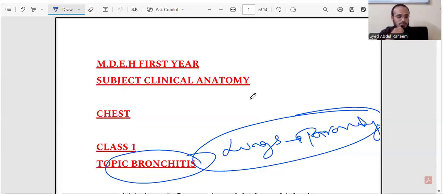I remember I have one case of a child, a baby of 1 to 1.5 years, suffering from bronchitis, SOB, severe chest suffocation, a temperature of 102, and difficulty in breathing. They went to a pediatric doctor, who advised admission.